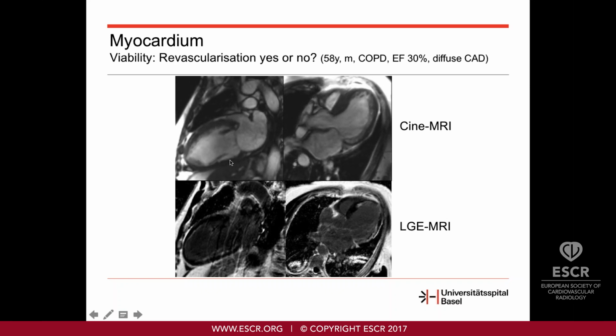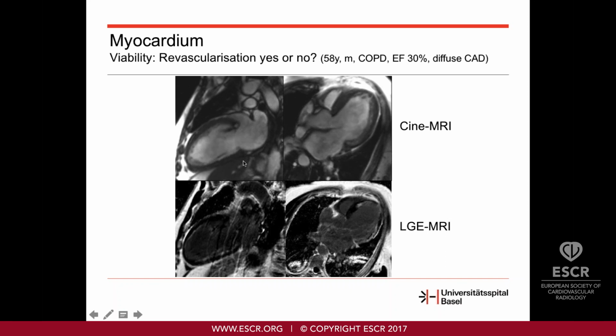Let me illustrate this with this example. So this is MRI of a 58-year-old male patient who has chronic obstructive pulmonary disease, so he has an elevated risk for bypass surgery. He has a poor ejection fraction, and he has diffuse coronary artery disease, so angioplasty is not an option.